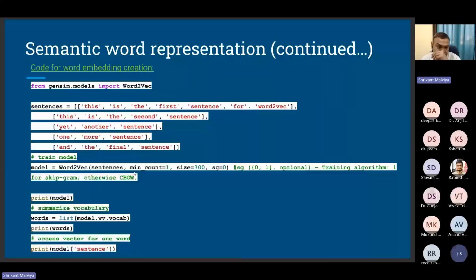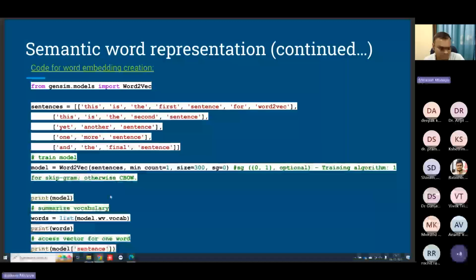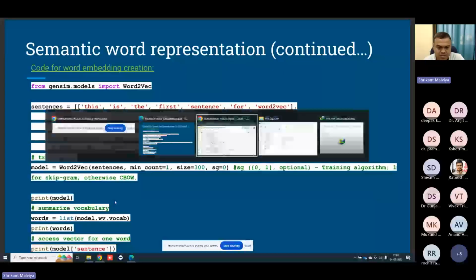Okay, so let's take an example on the Colab and try to understand how the Word2Vec methods, whether skip-gram or CBOW, are used to train and use the word representation of a given word. So without wasting time, let's go.